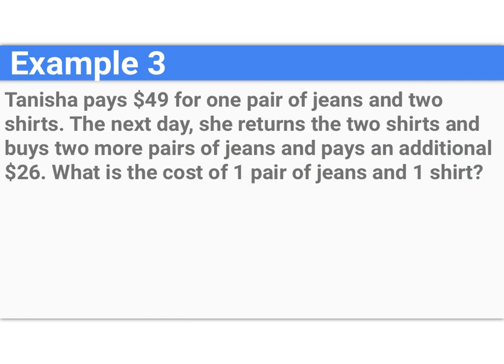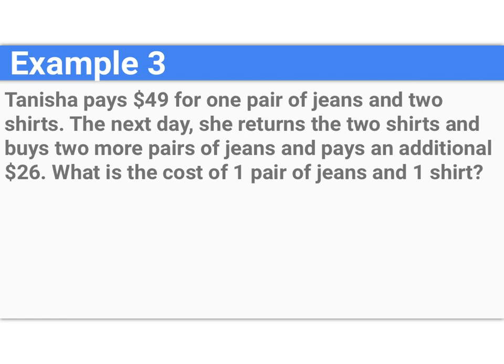Okay, so let's look at our third example. Tanisha pays $49 for one pair of jeans and two shirts. The next day she returns the two shirts and buys two more pair of jeans and pays an additional $26. What is the cost of one pair of jeans and one shirt? Okay, so now how do we make this?